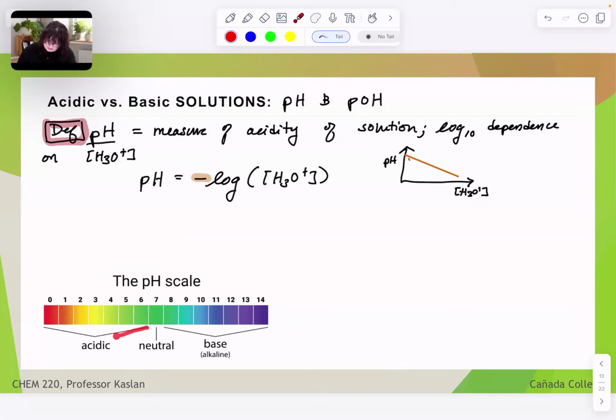This means that low pH values, which can range from 0 to 14, are our acidic pHs, and those are the ones that exist below pH 7.